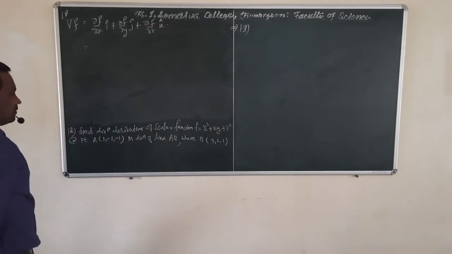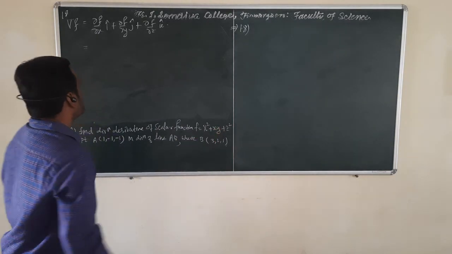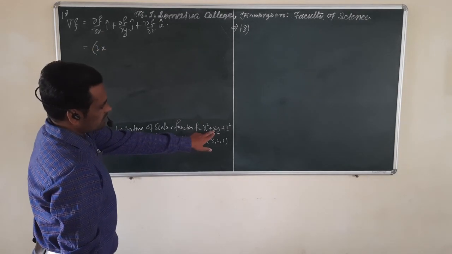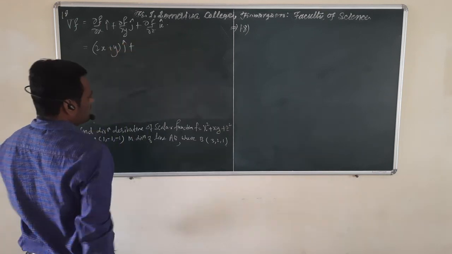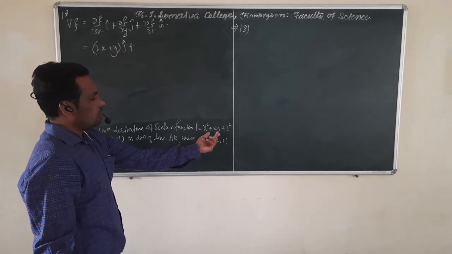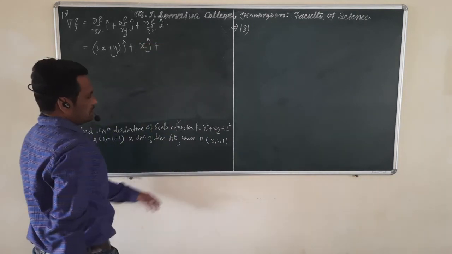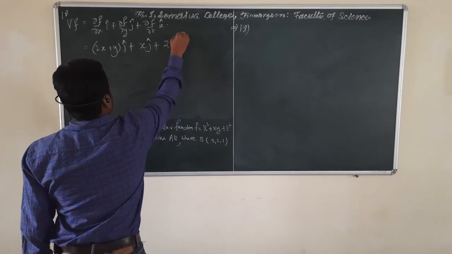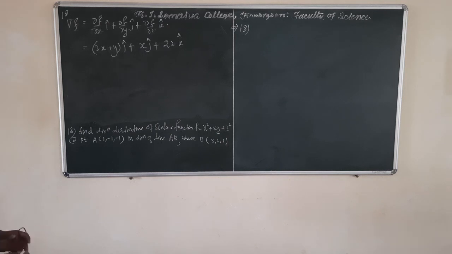So we differentiate with respect to x: 2x plus y i cap, then with respect to y: x j cap, then with respect to z: 2z k cap. So (2x plus y) i cap plus x j cap plus 2z k cap.